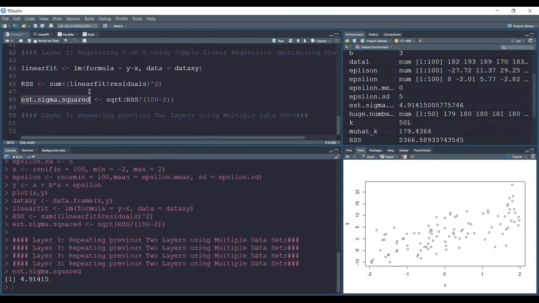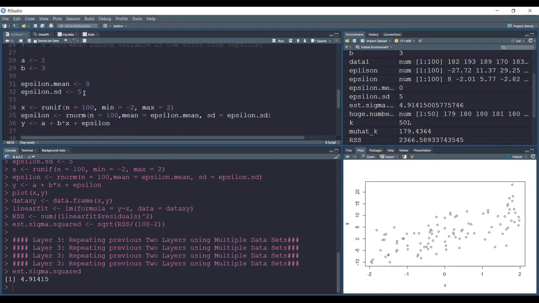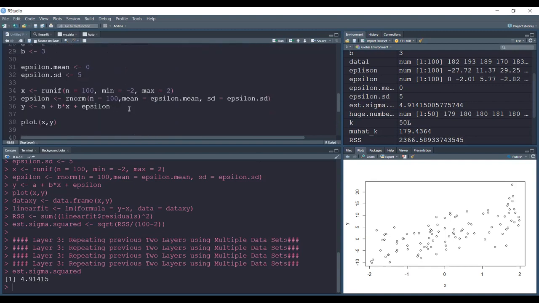Okay, very good, very good. So clearly, when we did it the first time, I probably had one of the variables I hadn't updated. So look, in real life you don't know that your error term has a standard deviation of 5.